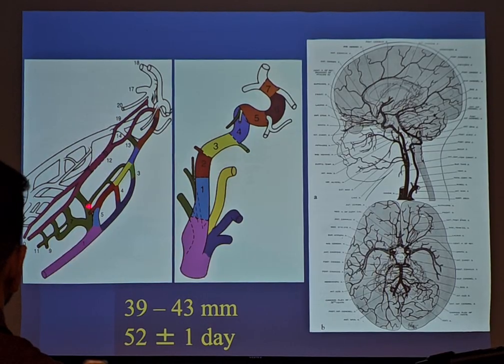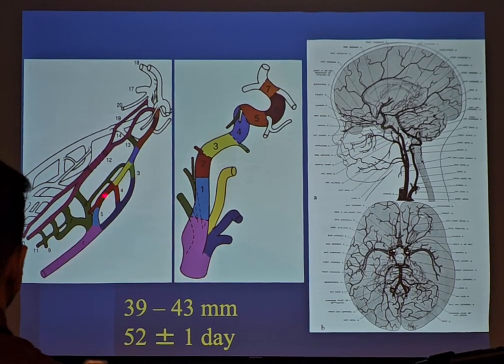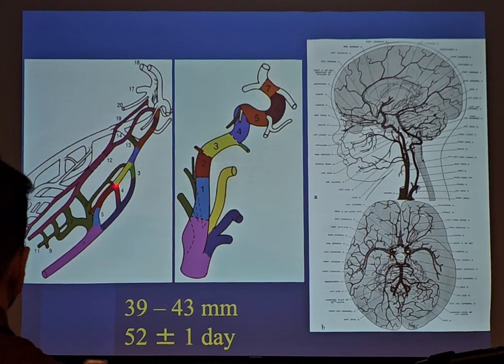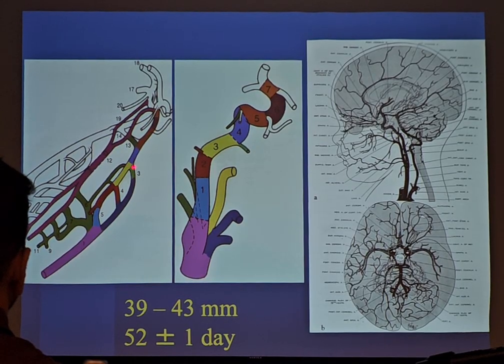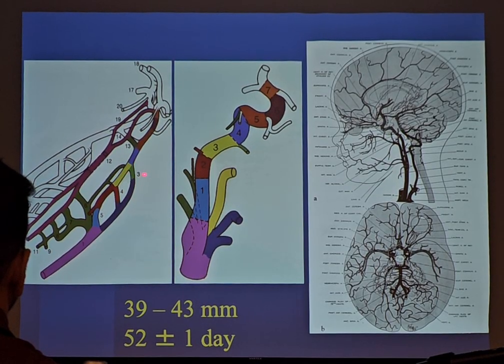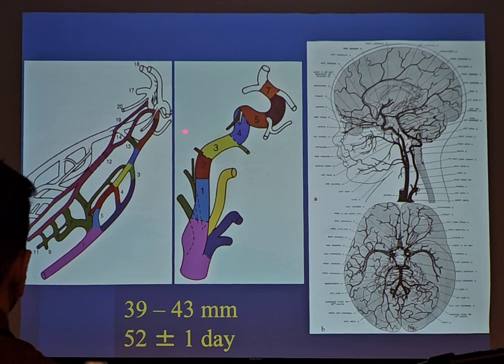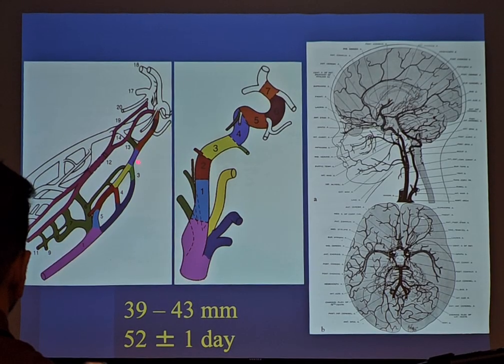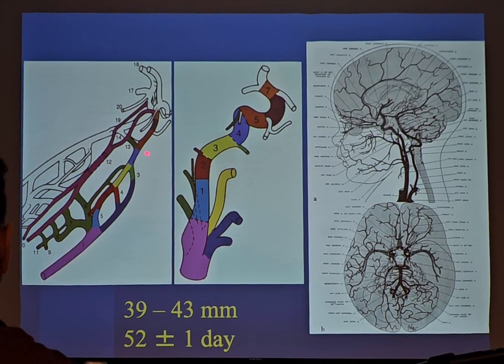From the third and second aortic arch, this segment becomes the intrapetrous segment, up to this foramen. From that point, you go to the horizontal ascending portion. This is becoming the ascending portion, and this is the intracanalicular segment of the internal carotid artery.